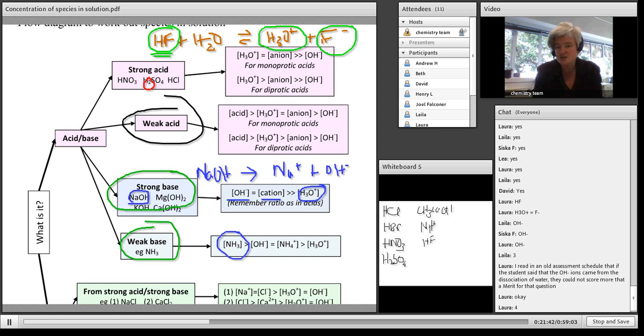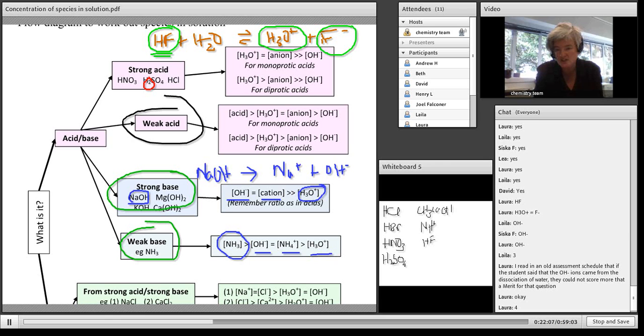Just like we had undissociated HF, we've got the undissociated ammonia in this example. But your ammonia molecule has reacted with water to give equal amounts of ammonium and hydroxide. So make sure you support your statement with equations. And then you've got the hydronium ions from the water dissociation.